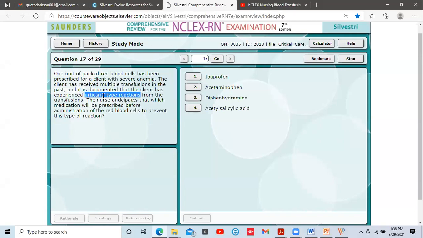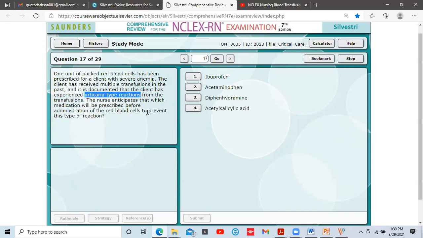Urticaria type reaction is a type of allergic reaction because of transfusion, right? So the nurse anticipates which medication will be prescribed before transfusion of the red blood cells to prevent this type of reaction.